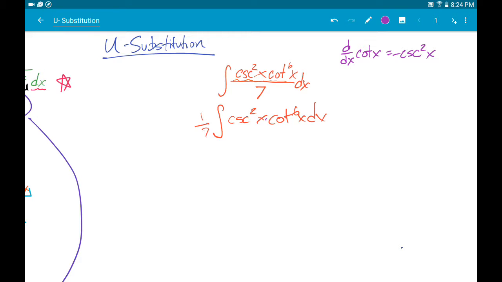And so if we set U equal to cotangent, then we can make du, the derivative of U with respect to x, equal to negative cosecant squared x. And then if I isolate my du, I can write it like this.